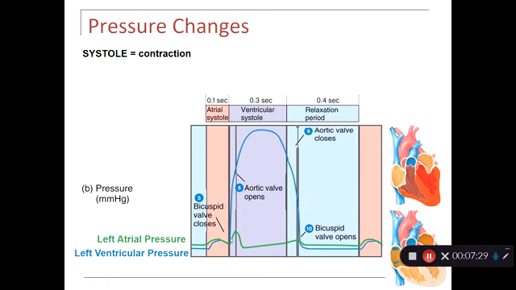When the ventricles begin to contract, the space that liquid is occupying is getting smaller and smaller, which means that the pressure has to increase more and more until finally the aortic valve cracks open.